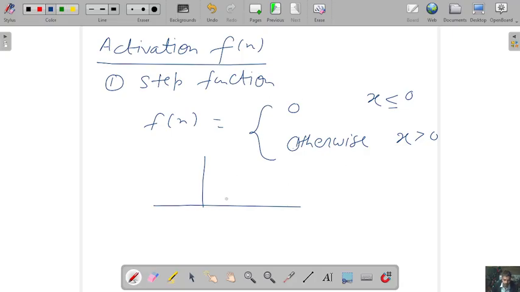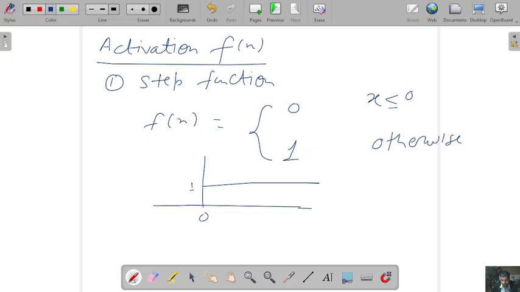Sorry, this is my mistake. Okay, 1 otherwise. Okay, so 0 and 1. Okay, it is step function.